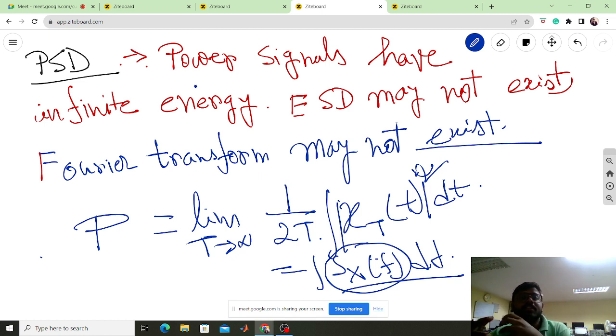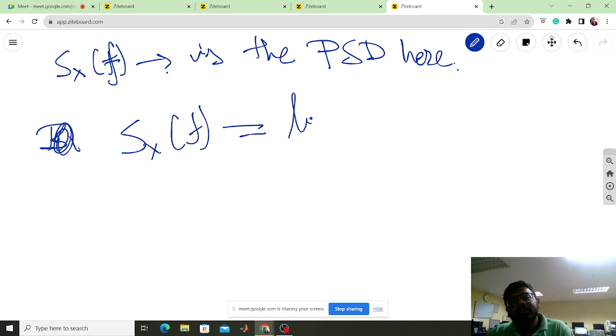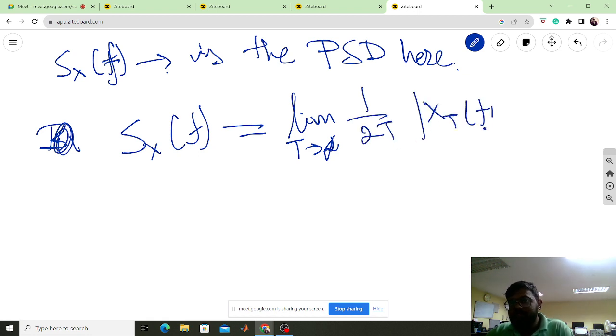Energy spectral density will exist for the signals which are energy signals, and power spectral density is for the signals for which only power exists, right? So there should be an equivalent definition of S_xx(f) for x(t), and that we can write as a linear transformation, Fourier transformation, right? So basically all the equations remain the same, but |X_T(f)| square only.